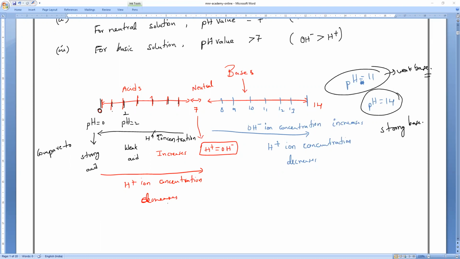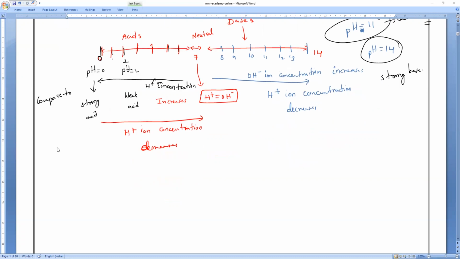So now, if I take acids, they convert blue litmus to red in color.